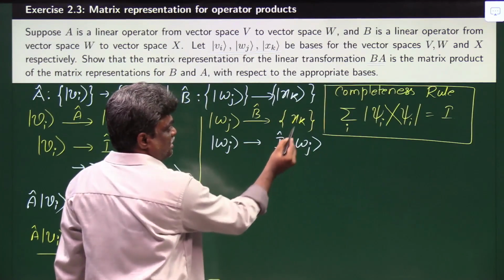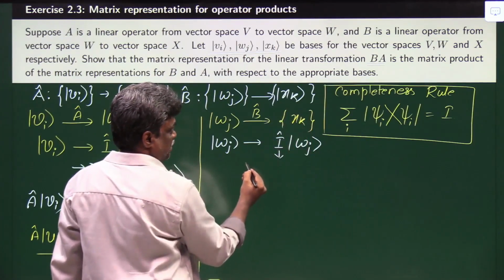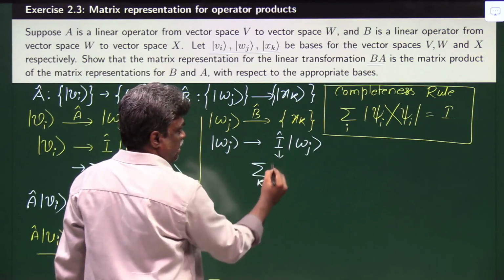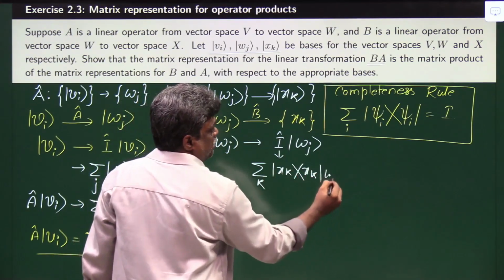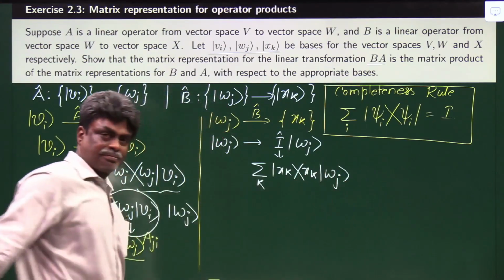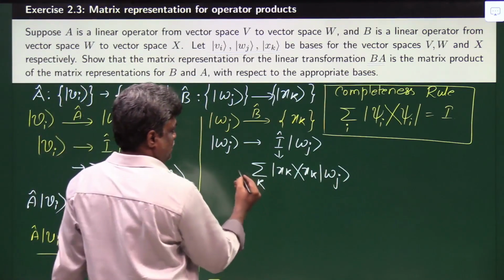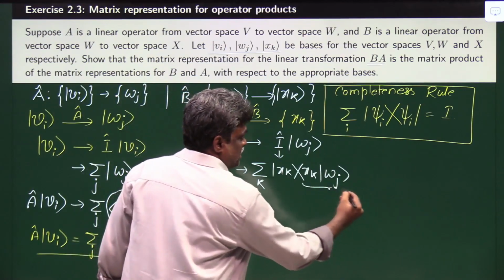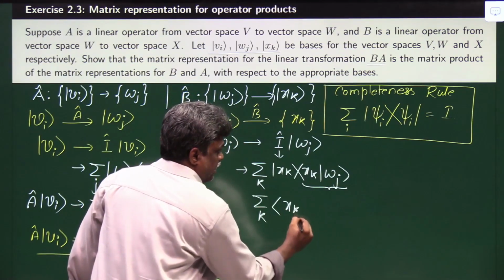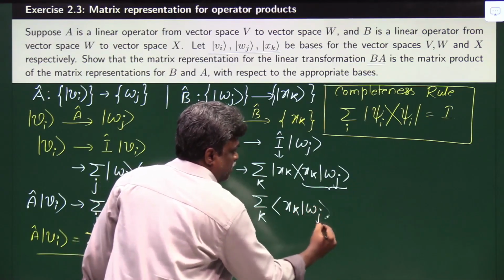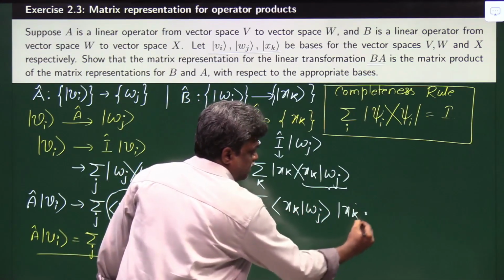So I'm going to write this in terms of this basis, that is summation over k, outer product Xk, Wj. Again this is nothing but a constant. We can write like this: summation over k, bra Xk, Wj, and this is ket Xk.